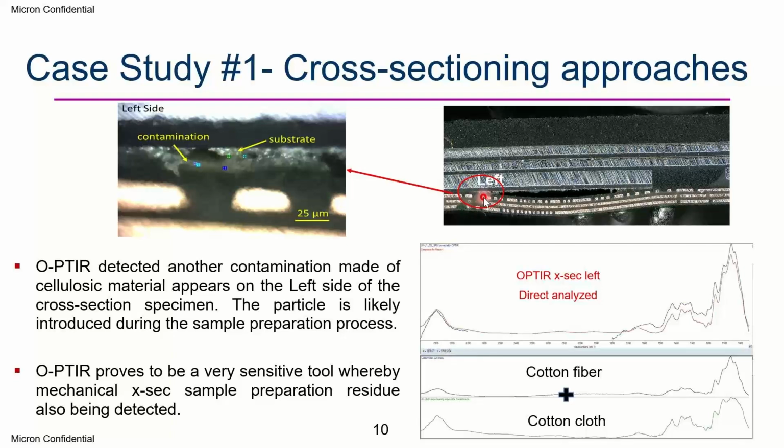Yet in the side view of the mechanical cross section, it was able to be detected by the OPTIR, meaning that OPTIR really is a very sensitive tool that can capture any material present on the surface of the sample.